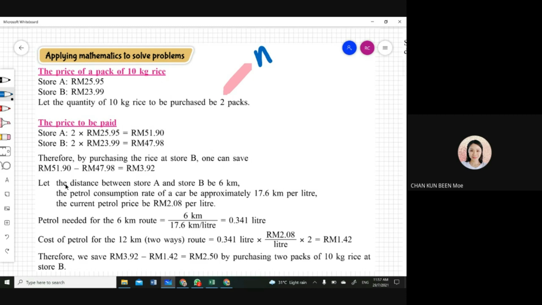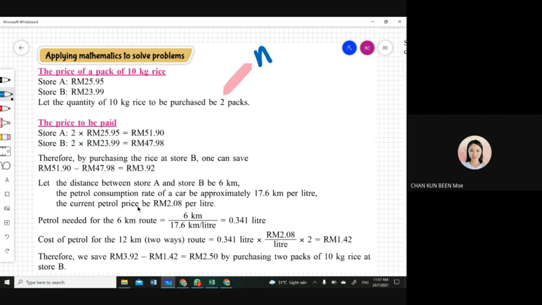Now, let the distance between store A and store B be 6 km. The petrol consumption rate of a car is approximately 17.6 km per liter. All of the numbers over here are actually assumptions, but you have to make a logical assumption, such as rice at store A being more expensive than store B, so your assumption must be logical.